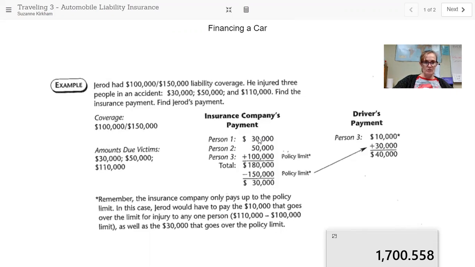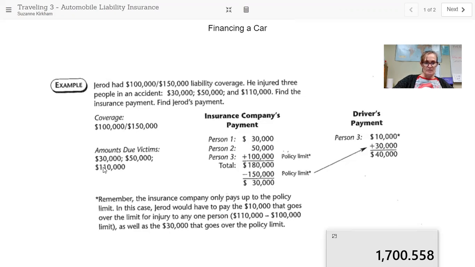Okay, so what we do is we take each person's amount and we add it together, except if it goes over $100,000. If it goes over the $100,000, we only add in $100,000. The first person was $30,000, so we'll put in the $30,000. The second person was $50,000, so we add in the $50,000.